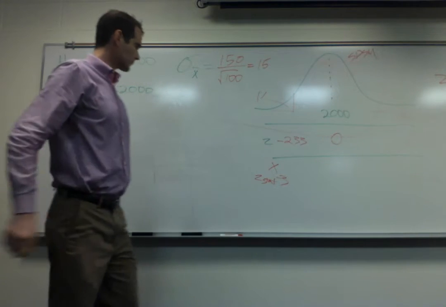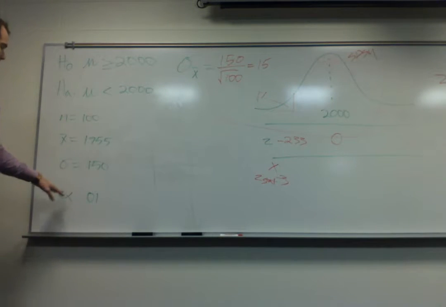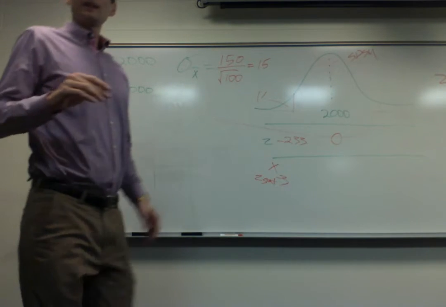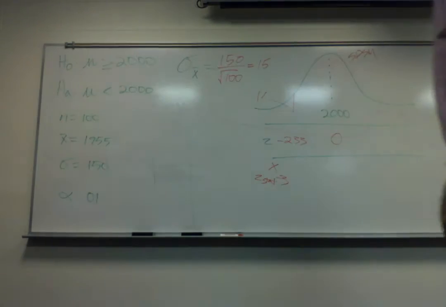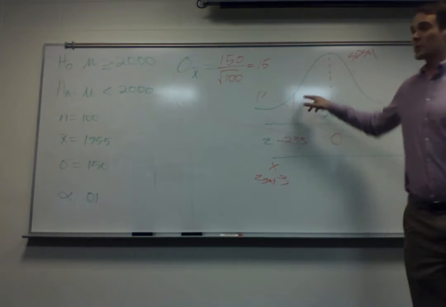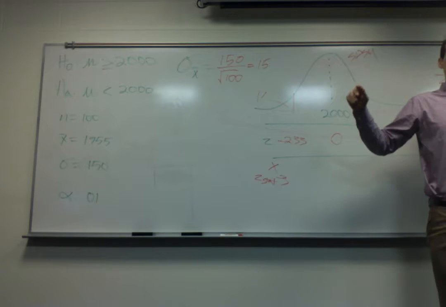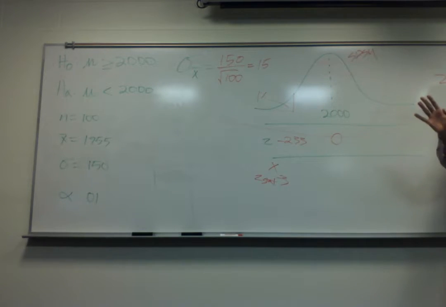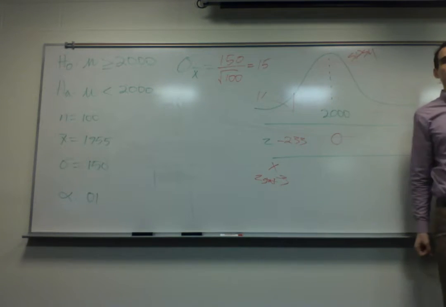We decided when we started this decision process what we consider to be acceptably unlikely: 1%. If it's less likely than 1%, then we're going to say, I reject your null hypothesis. If it's more likely than 1%, if it's the kind of thing that happens 2% of the time, 3% of the time, we'll say, well, we're a little suspicious, but we're not going to reject.